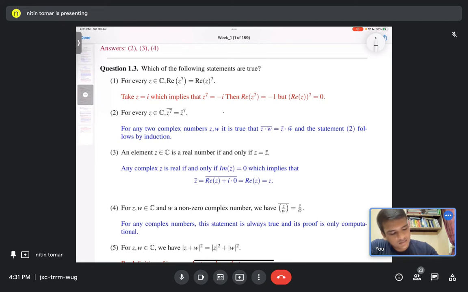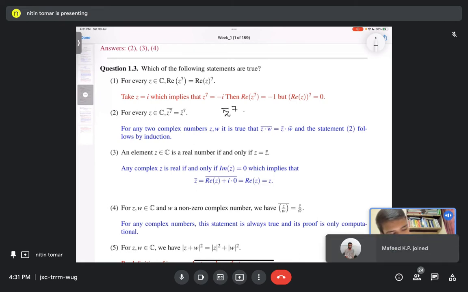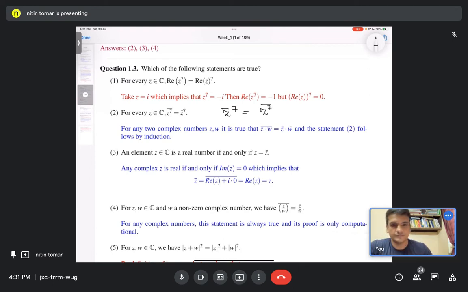Now the question is, is (z bar)^7 equal to the conjugate of z^7? The answer is true. Why? Because the power splits. The conjugate of a product of two complex numbers is equal to the product of the conjugates. Or one direct way to see this is to assume the polar form z = r e^(iota theta).